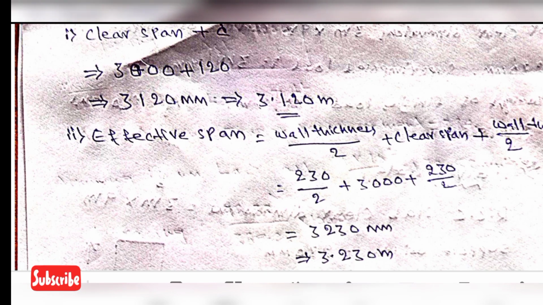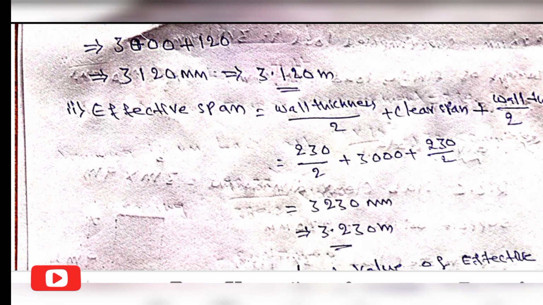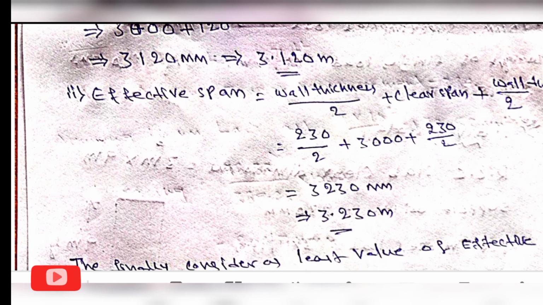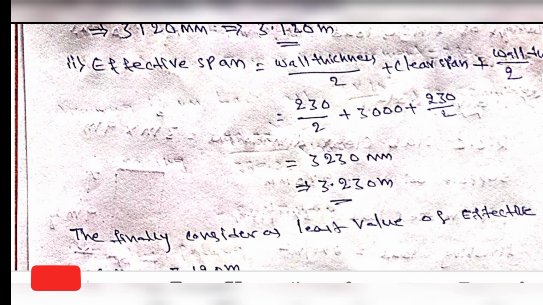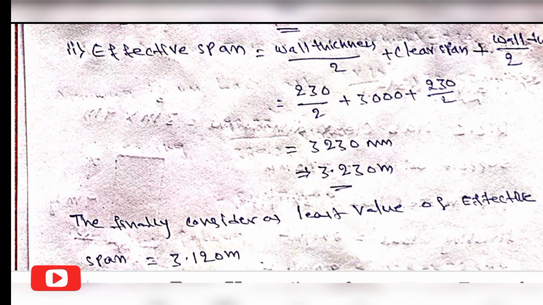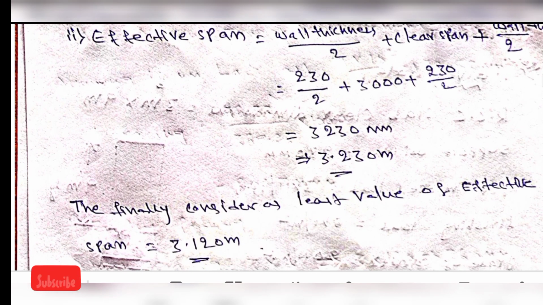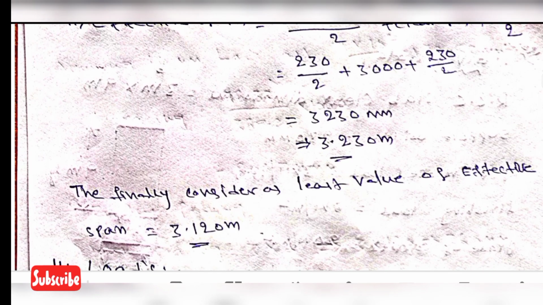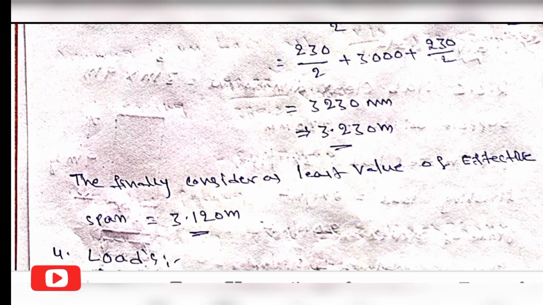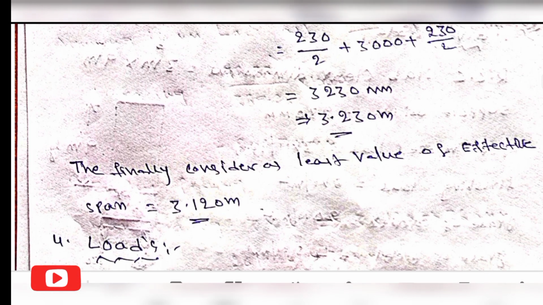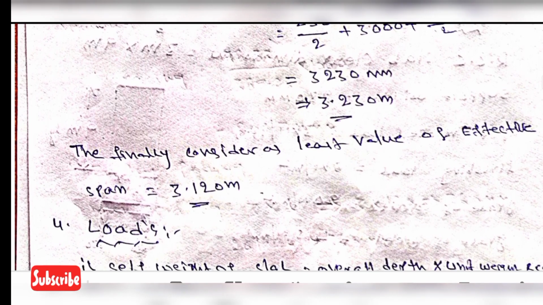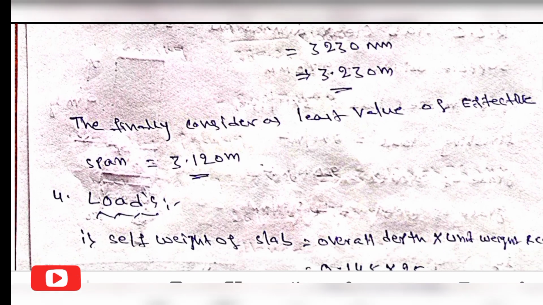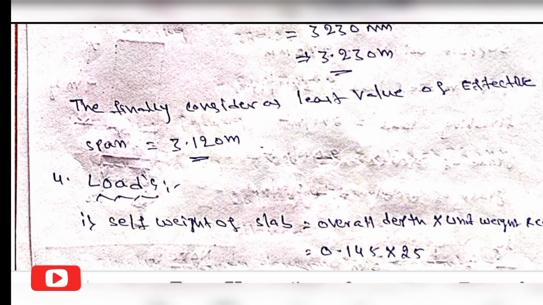Then again, effective span is wall thickness by 2 plus clear span plus wall thickness by 2, that is 330 by 2 plus clear span 3000 plus 330 by 2, total is 3230 mm. Finally, considering the clear span plus d value and the center-to-center value, take the least value for effective span, which is 3.120 meters.